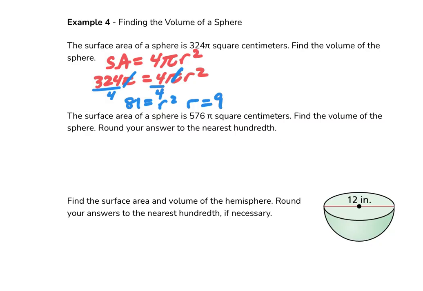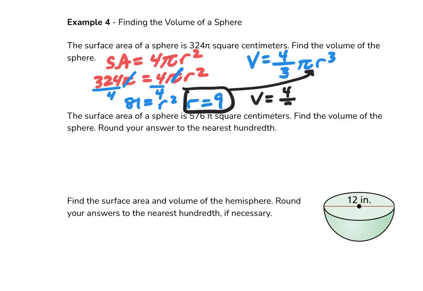If it said what's the radius, we'd be done. But it says what is the volume. So now we're going to write out the formula for volume. I'm going to take this number here and I'm going to plug it in for R. We now know what R is.